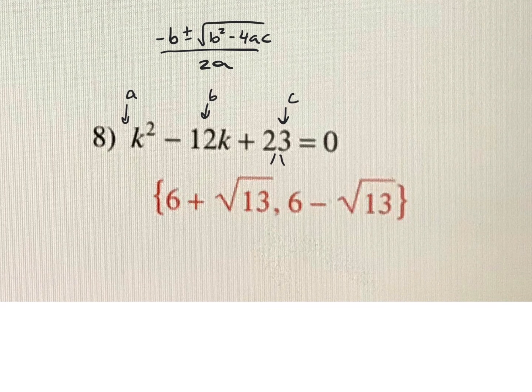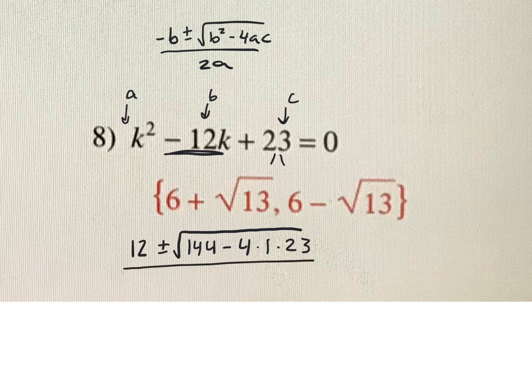So I have negative b. B is already negative, so it's going to become a positive 12 plus or minus the square root of b squared, so this would be 144, minus 4 times 1 times 23, over 2 times 1, so just 2.